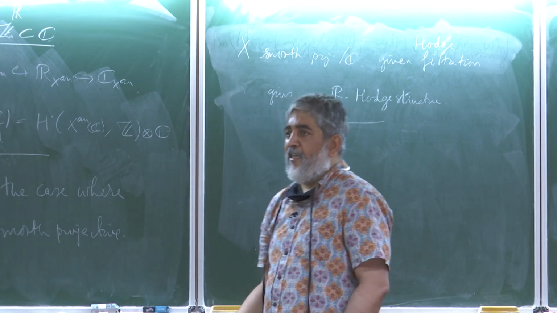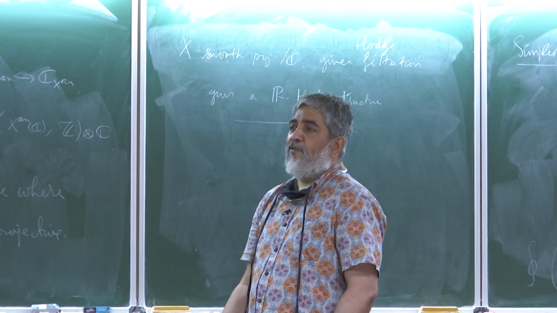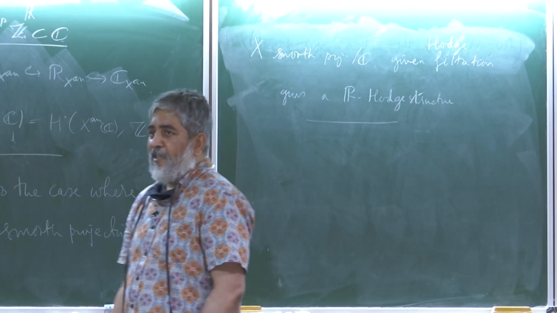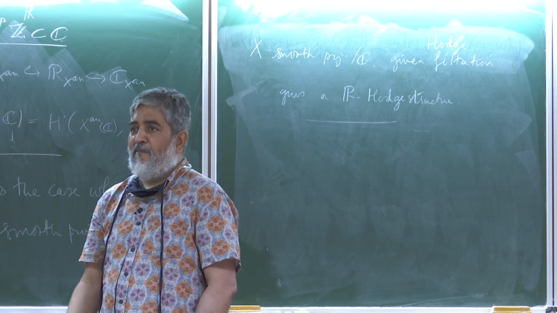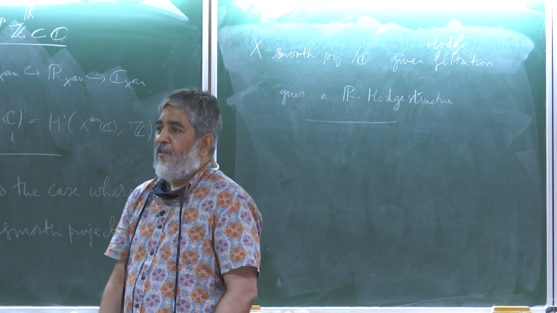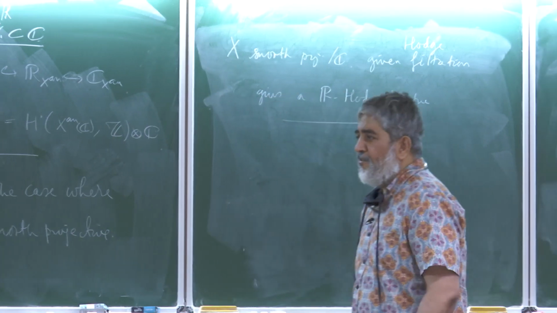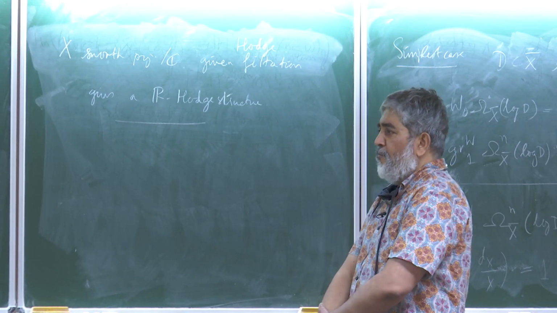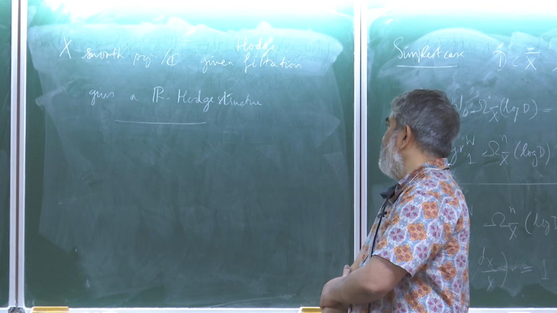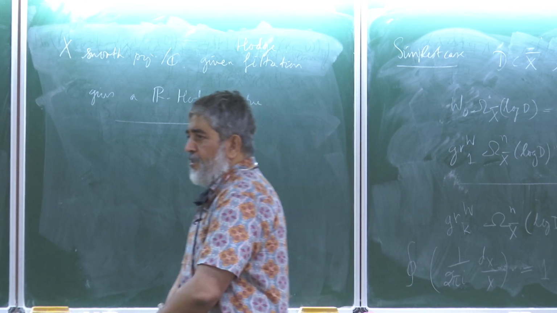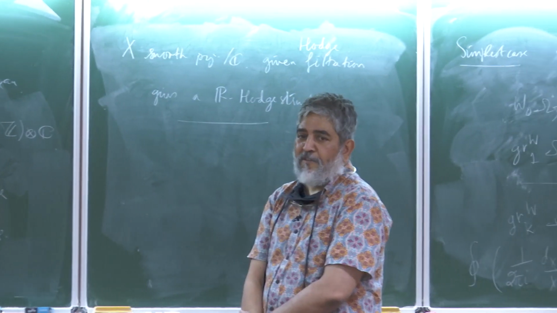Then there is Hodge's original theorem, which is to prove that the Laplacian forms an elliptic operator and therefore various things. That's the analysis part. So there's a purely algebraic part and a purely analysis part. I'm not going to go into those details. That gives you a Hodge structure.